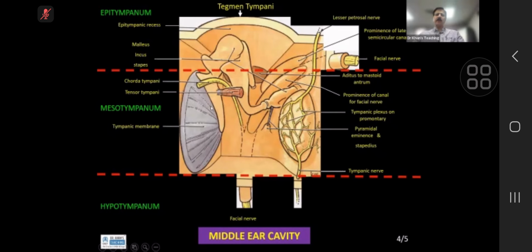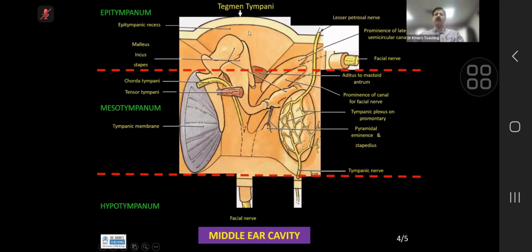Now, this is the tympanic membrane. If you draw an imaginary line from here to the tympanic portion of the facial nerve, here, superior to that, and the lateral semicircular canal will also be at times at the same level.